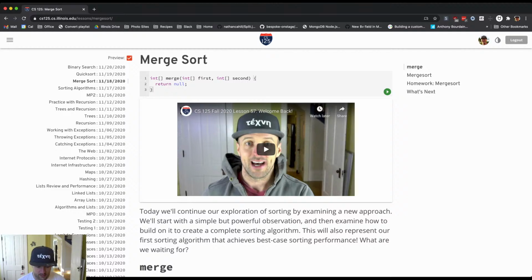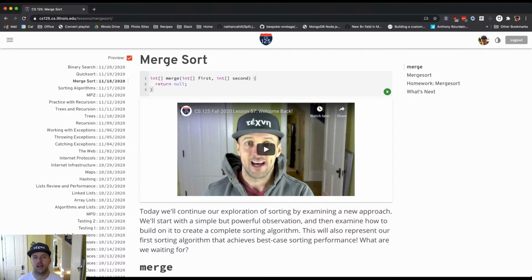It's sort of like how people sort cards, right? I take a hand of cards and start moving them to the left. I keep the sorted part to the left, and if I stick them all in the right spot as I'm doing that, eventually I go through all the unsorted items, insert them into the right spot, and I'm done. So these are both sorting algorithms that I think have some good intuition around them.